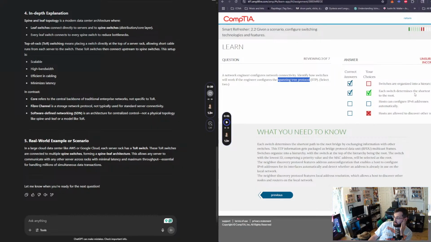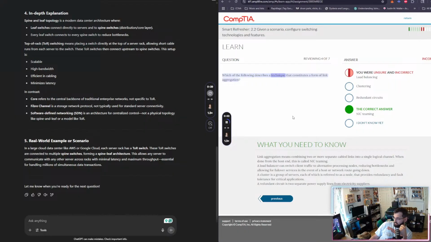Each switch determines the shortest path to the root, done. Hosts can configure IPv6 addresses automatically. I have no idea. That has nothing to do with anything. Hosts are allowed to discover other nodes. I guess that doesn't really have anything to do with it. What really matters is that they determine the shortest path, not that they discover new nodes. I mean, maybe they do.